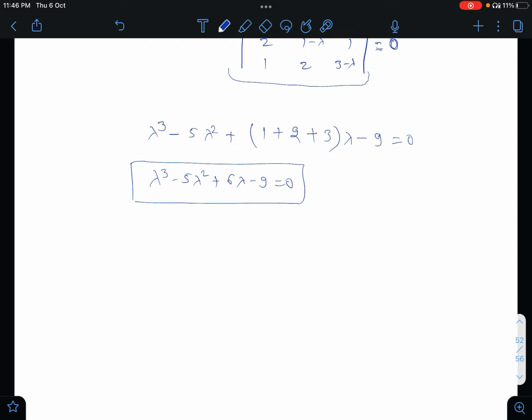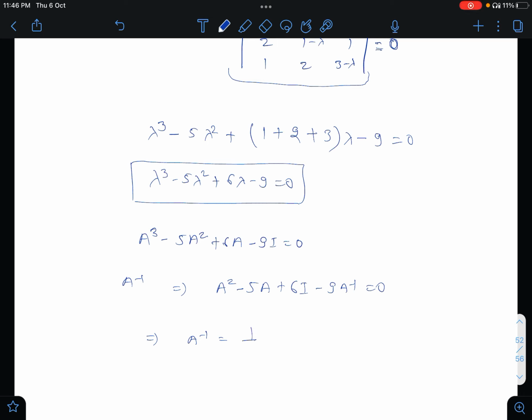Now the Cayley-Hamilton theorem says that every square matrix satisfies its characteristic equation. That means A cube minus 5A square plus 6A minus 9I is equal to 0. We multiply both sides by A inverse. That means A square minus 5A plus 6I minus 9A inverse is equal to 0.